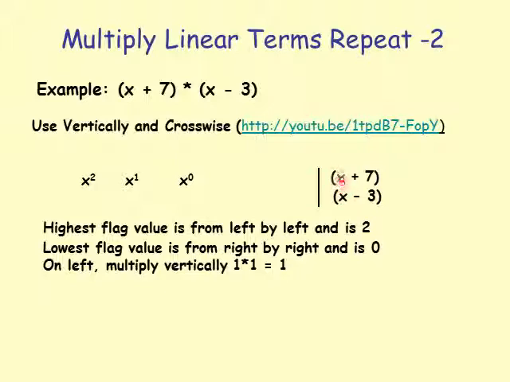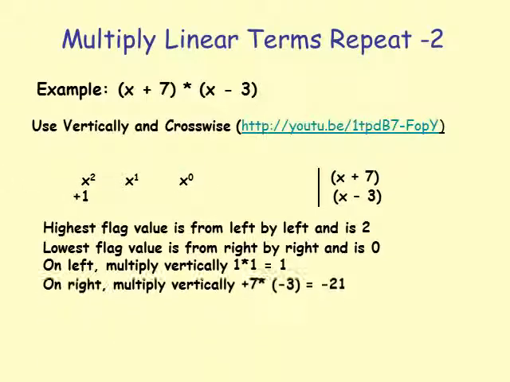I'm multiplying the coefficients, which gives 1, so I got 1x squared. Multiplication is symmetric, so now I do the term on the right. On the right, we multiply vertically, plus 7 times minus 3, which gives me minus 21.